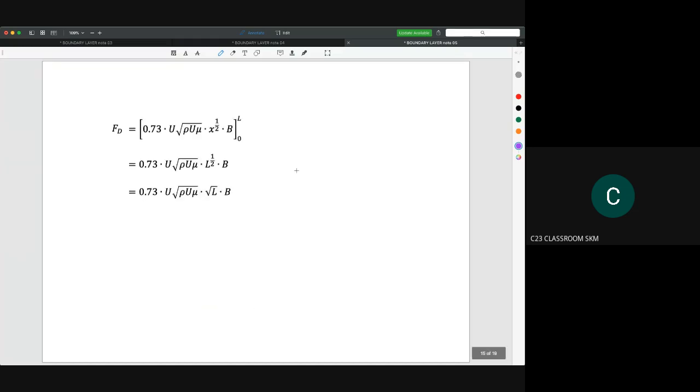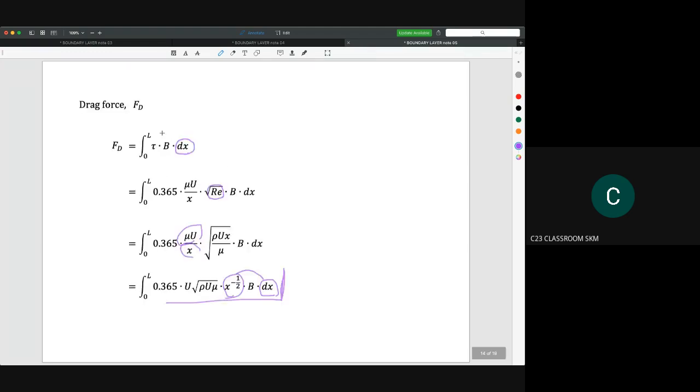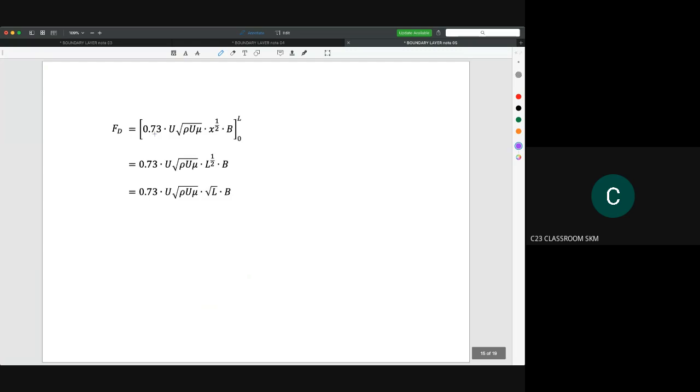If you do this, you will get 2 times the square root of x, so you will have 0.365 multiplied by 2, which gives 0.73. Then you substitute the limits 0 to L, and you will get this value. This is the drag force that occurs in this situation.